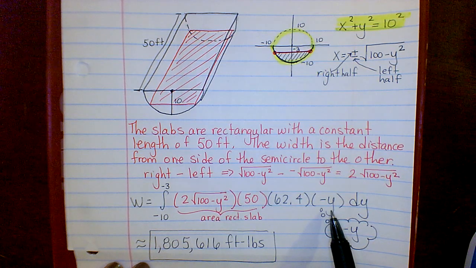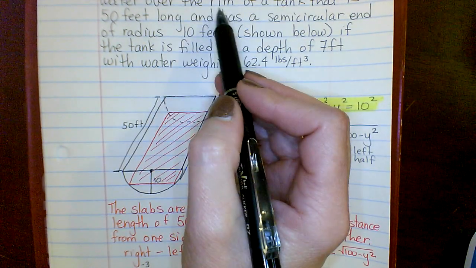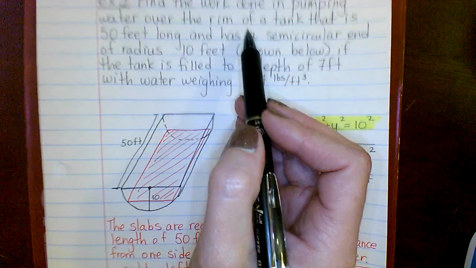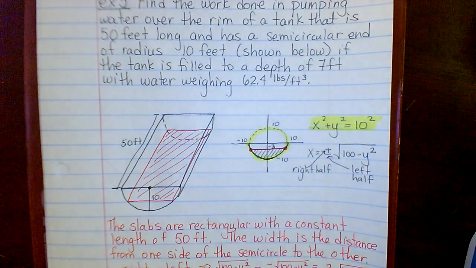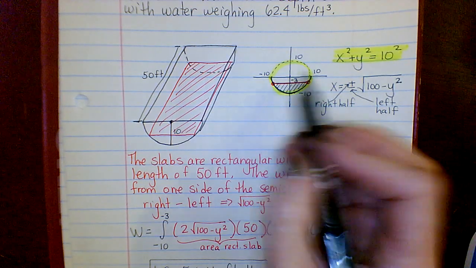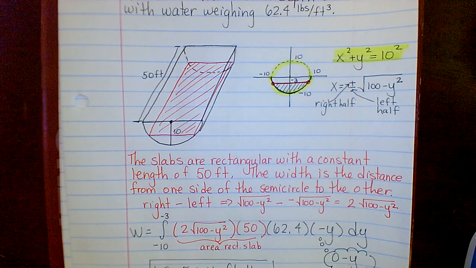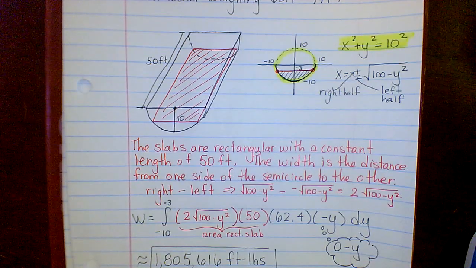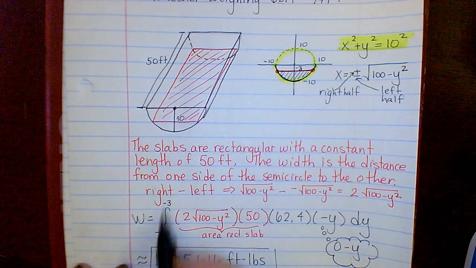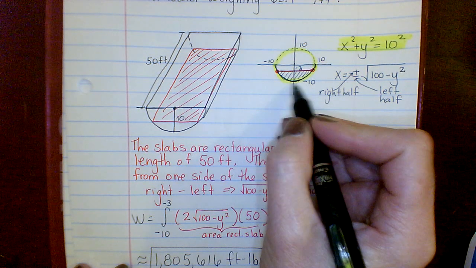All right, so here, we're pumping the water over the rim of the tank that's 50 feet long, and so on. So we're pumping it to that 0 level right there. All right. Oh, and I forgot about the bounds there, that I'm going from -10 to -3. That's where the water's located, from -10 to -3.